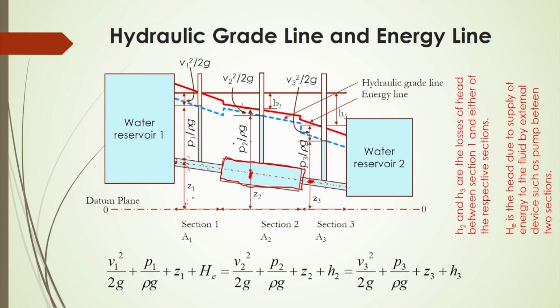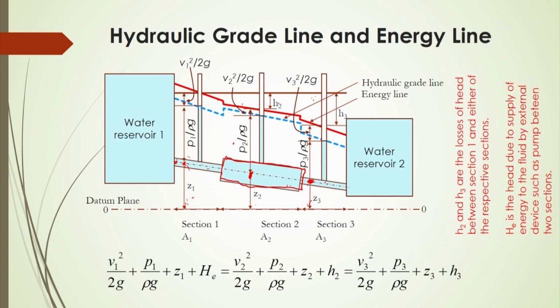Here at this section also, certainly from this higher cross-sectional area to the lower cross-sectional area, there will be a certain change of energy, that means some loss of energy will be there. So in that case the potential energy will be at a certain height Z3, and there will be the pressure head, and there will be some kinetic energy head and a loss H3 there.